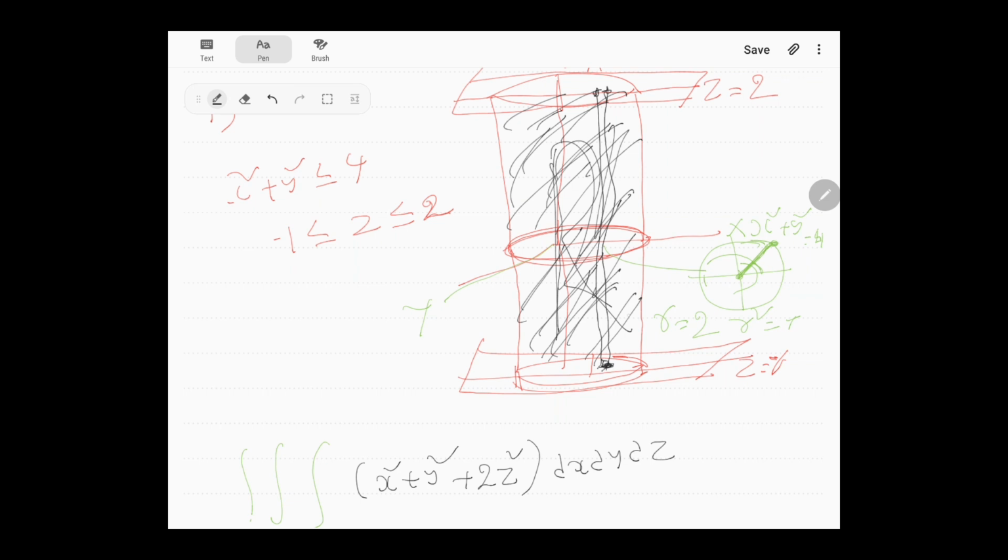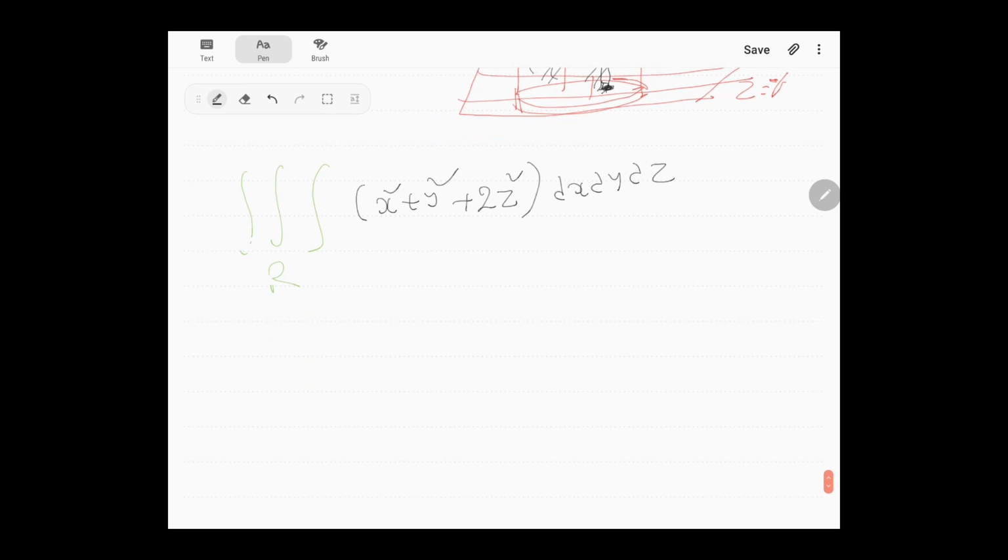And where do r and theta vary? r and theta vary here, that I have written here. Therefore, first I will write the limits for z. z is equal to -1 to 2, and r limits are from 0 to 2, and theta limits are from 0 to 2 pi. And while converting from Cartesian to polar coordinates, I need to substitute in place of x, r cos theta, r sin theta, and z is z.